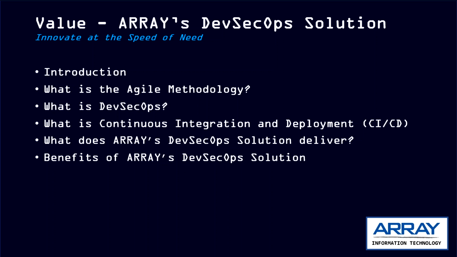So what does Array's DevSecOps solution deliver? Well, let's talk about again what it is. Our solution at Array, we have a base solution with a number of characteristics that we put in. Number one is it is supporting the Agile methodology. That's key.